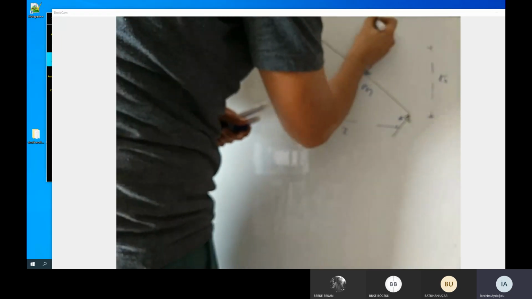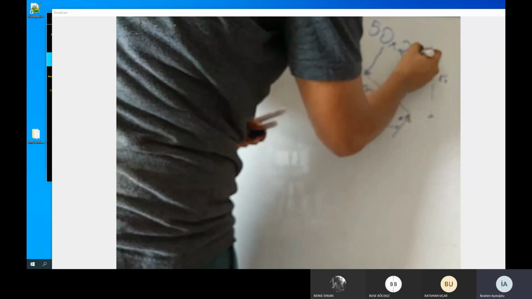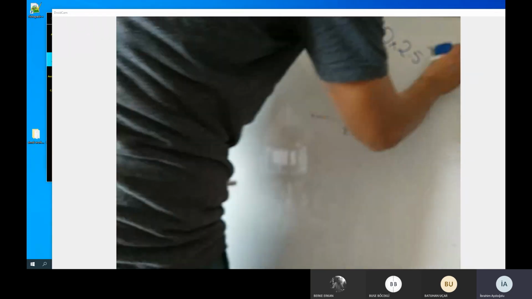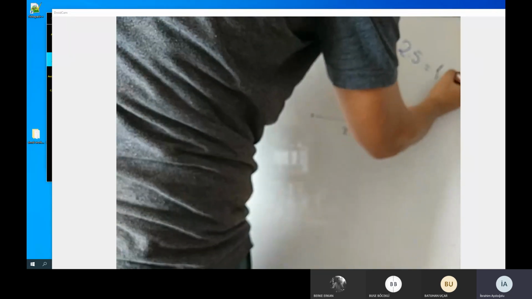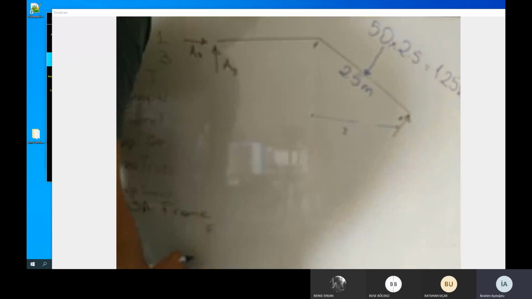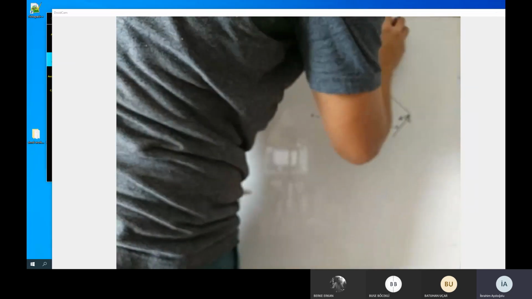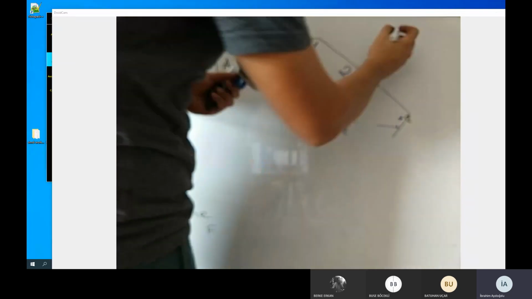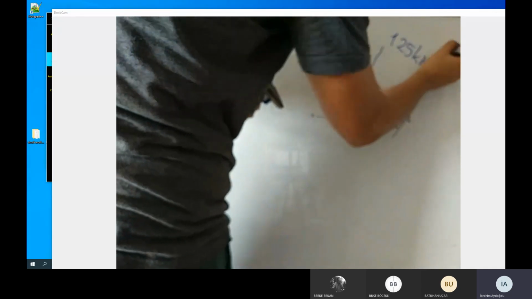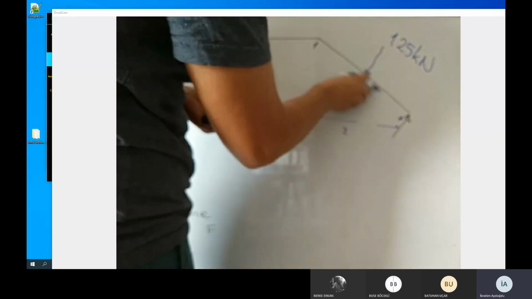This value is 50 times 2.5, which is equal to 125 kilonewtons. This value is 125 kilonewtons.